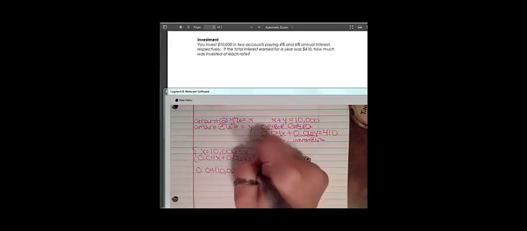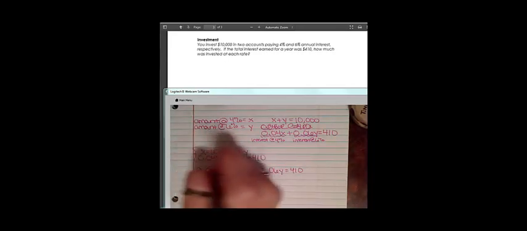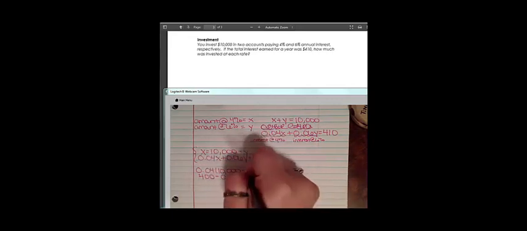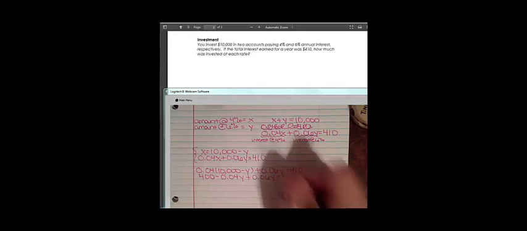I need to distribute in that 0.04 to both the 10,000 and the negative Y. So that'll give me 400 minus 0.04y plus 0.06y equals 410. I'm going to combine my like terms. So it's 400 plus 0.02y equals 410.